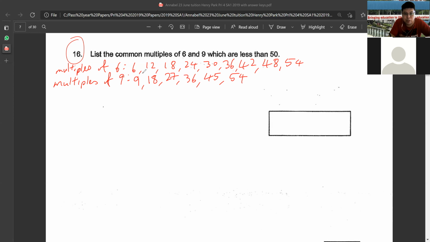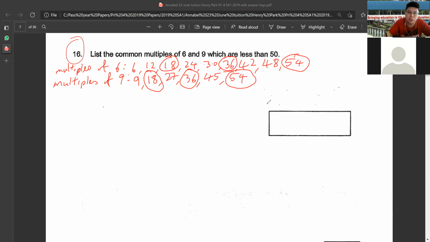Okay, common multiples. Which are the common multiples? 18. And what else? 36. But they want less than 50, right?